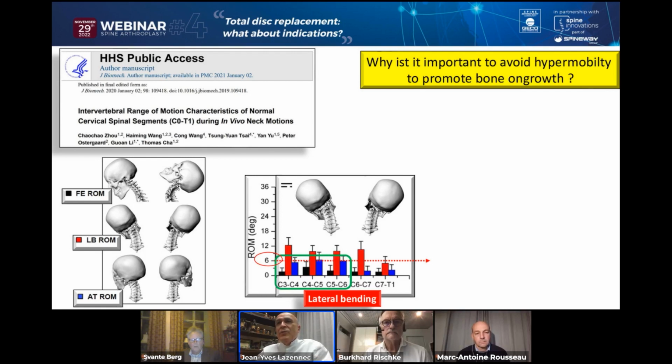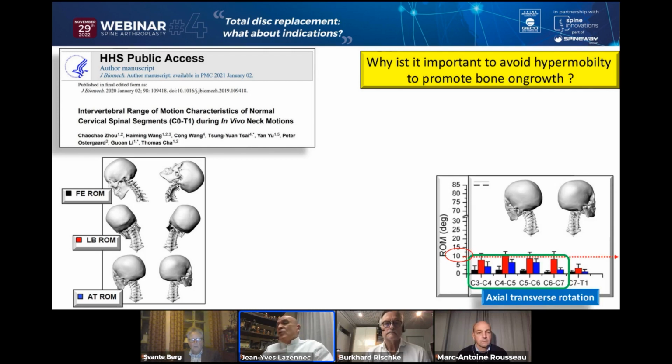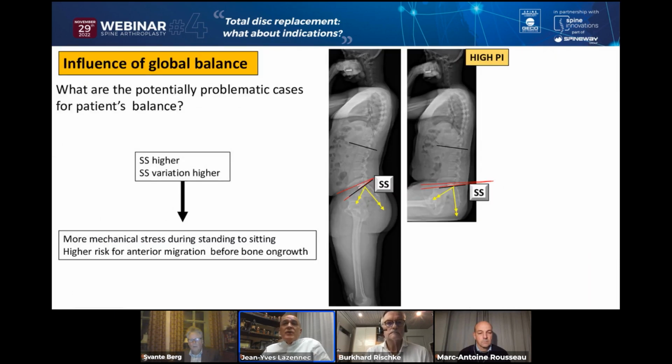And now, if I accept the patient to do maximum axial rotation, look at this. You have also at the level of the disc, so at the level of the prosthesis, up to 10 degrees bending. So what is the message? The message is not to ask the patient not to move a lot, but to be aware of this to avoid delayed bone ingrowth.